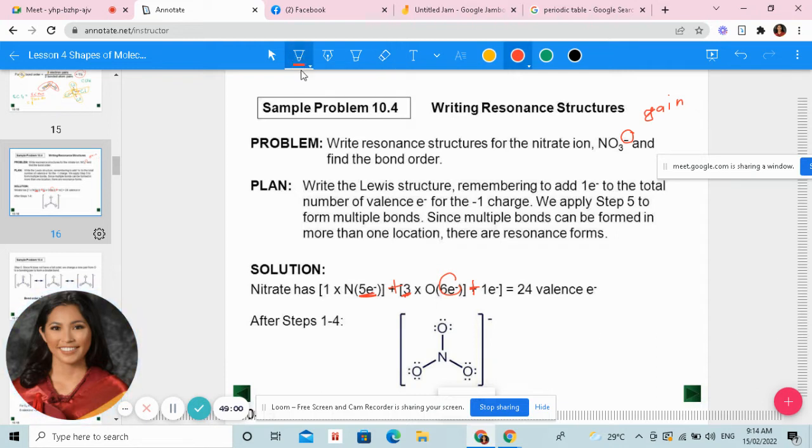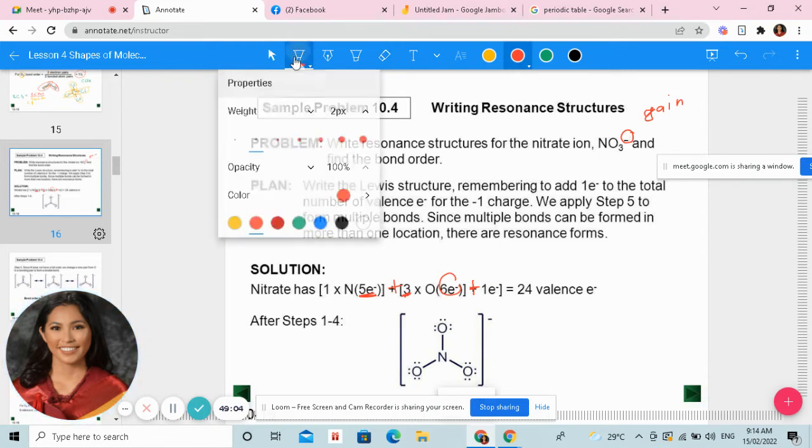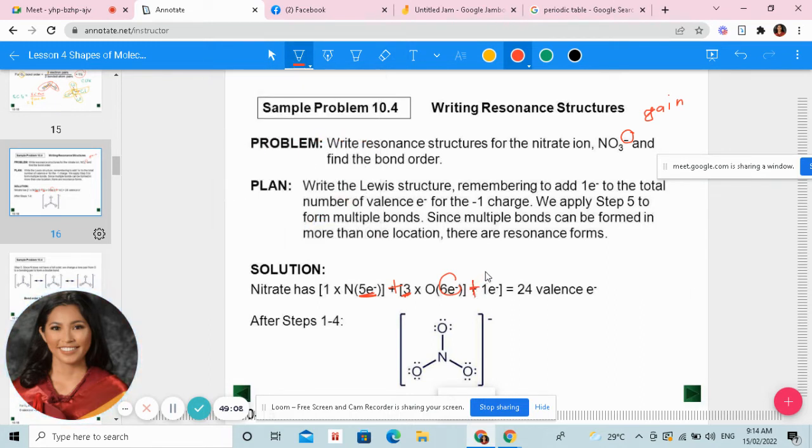So it has gained how many electrons? One. Since it is negative, we will add 1 electron. So how many valence electrons should we have? 24.